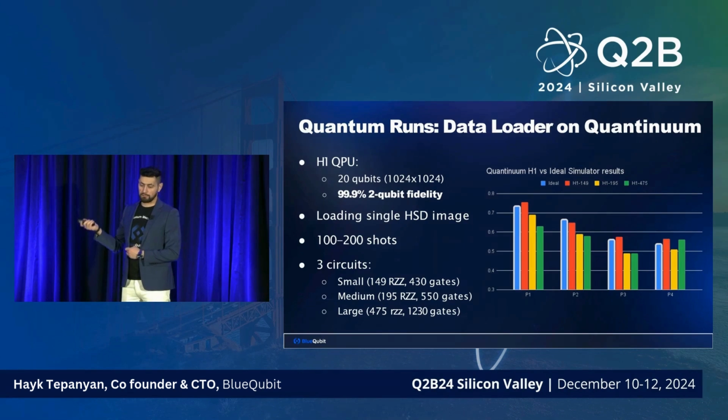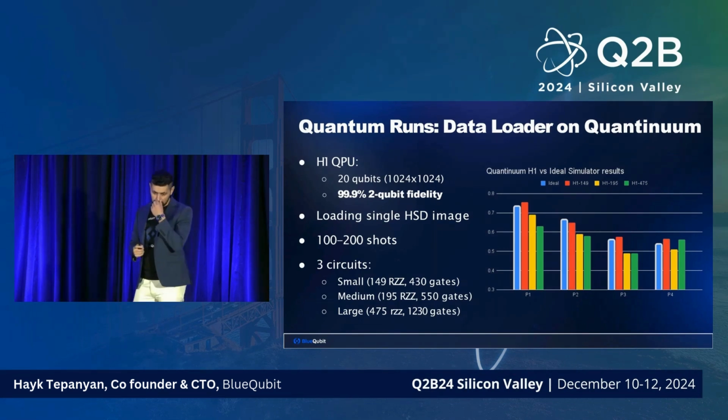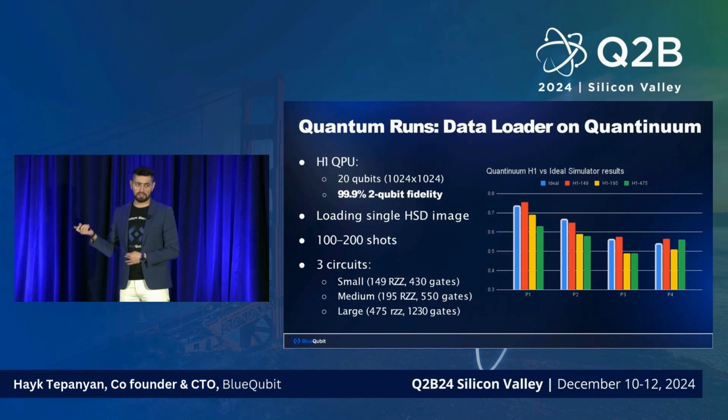In particular, the blue bars here are the ideal simulators, and the other 3 bars are the 3 different circuits that we run on Quantinuum. In particular, this one is using the Quantinuum's H1 chip that has 20 qubits.